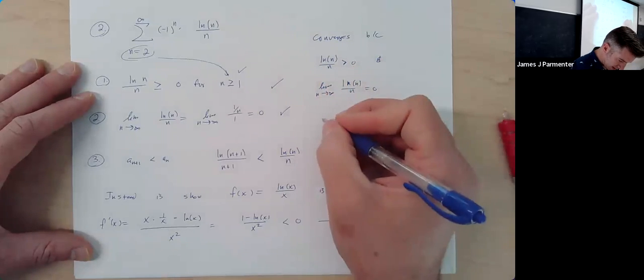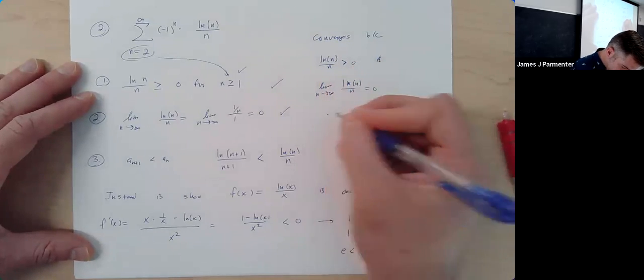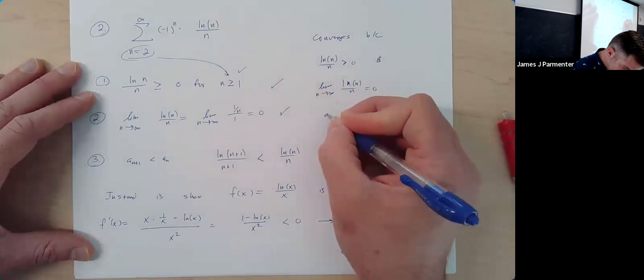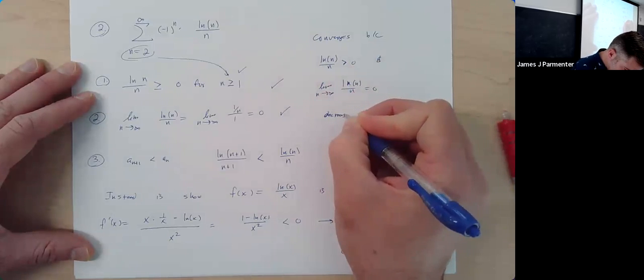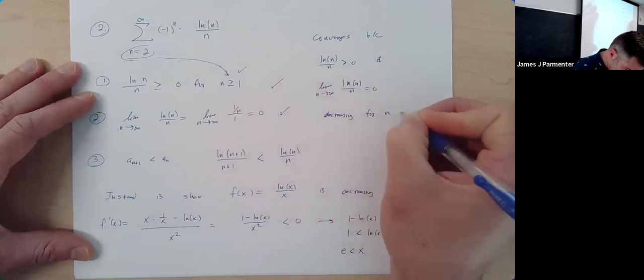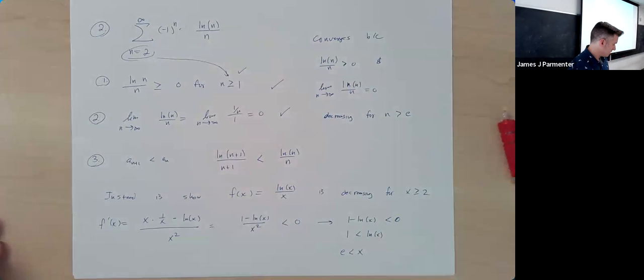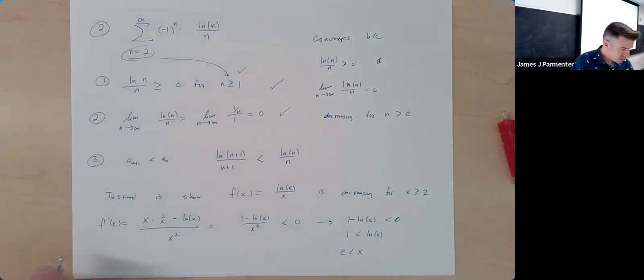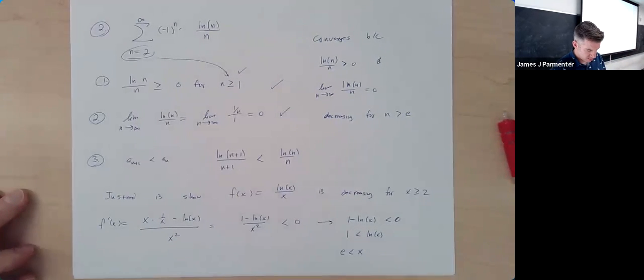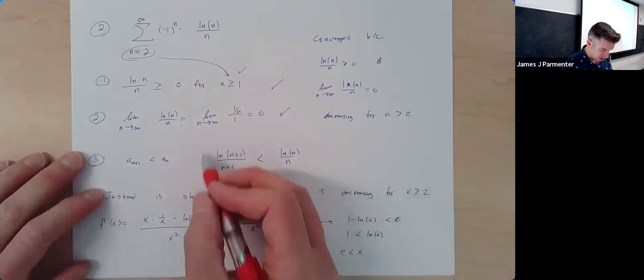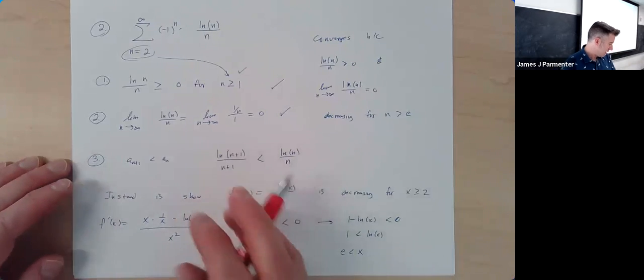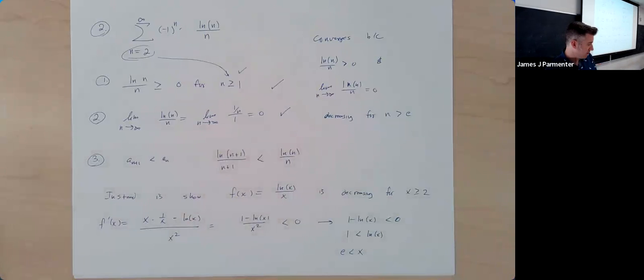And lastly, that the series is decreasing for n greater than e, which is fine, even though we didn't technically start there. Yeah, later, if you're curious, come to office hours sometime, and I'll definitely talk about the longer way of showing that this is decreasing, but I don't think you really want to do it that way.